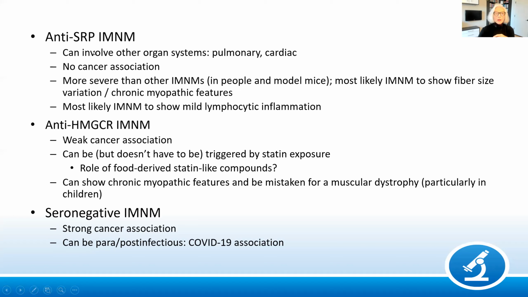You will generally need to do serologic testing to identify which antibody it is. The seronegative ones are the most likely to be associated with cancer, so to be a paraneoplastic phenomenon. And we have seen at UCSF now several cases that are coming up in the context of, or secondary to, COVID-19 disease.